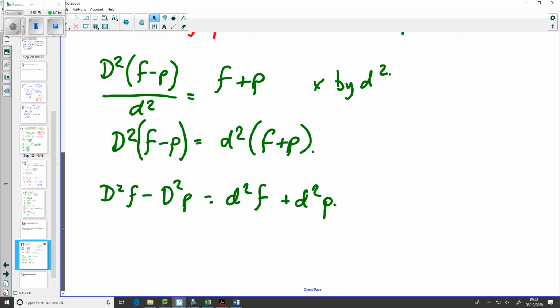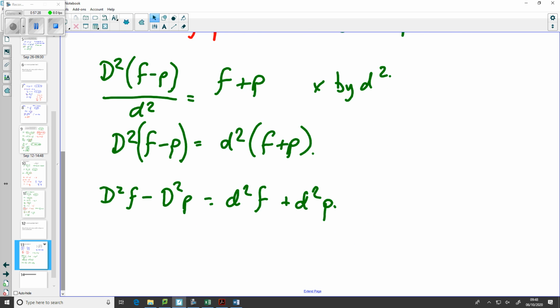You've got no fractions now. All you've got is two terms, one subtracted from the other, related to big D. We've got two terms related to little d squared, multiplied together and added together on this side.